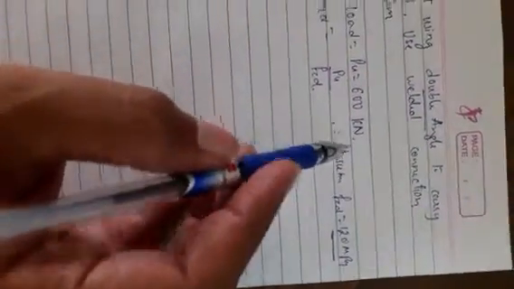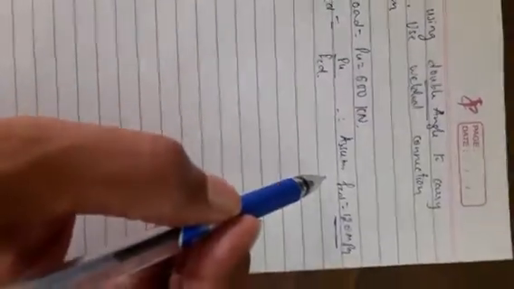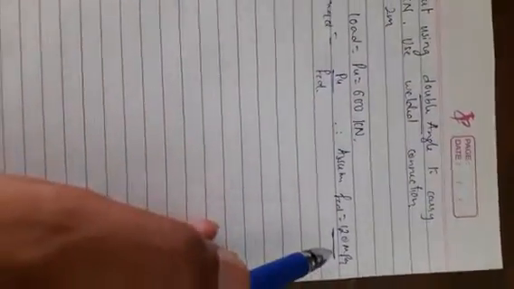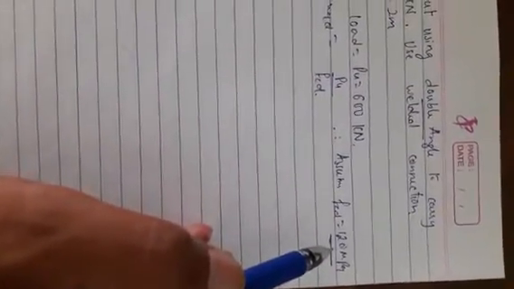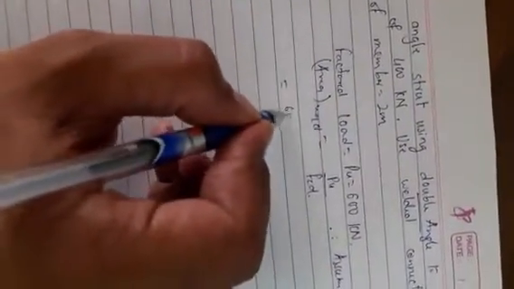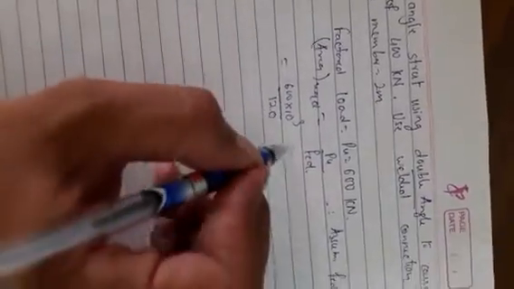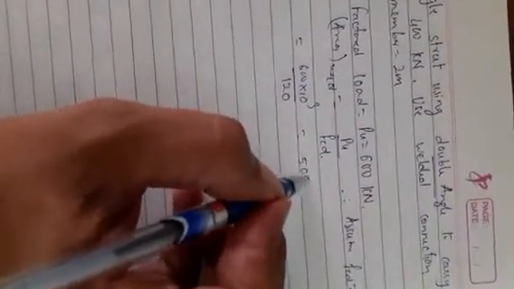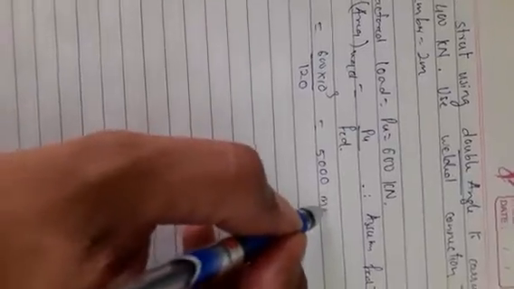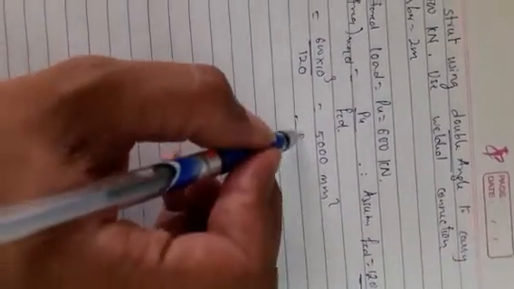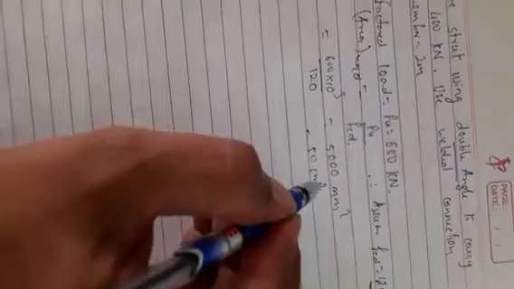For higher loads, you can go for higher FCD values. Usually for angles we take in the range of 100, for double angles 120, for beams and other things up to 200. So area required is equal to 600 into 10 raised to 3 divided by 120. So you get 5000 mm square or 50 centimeter square.